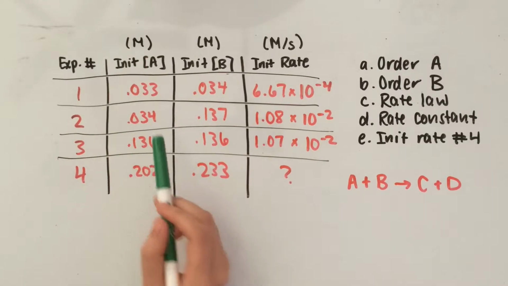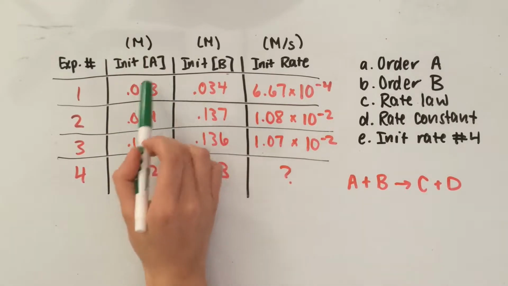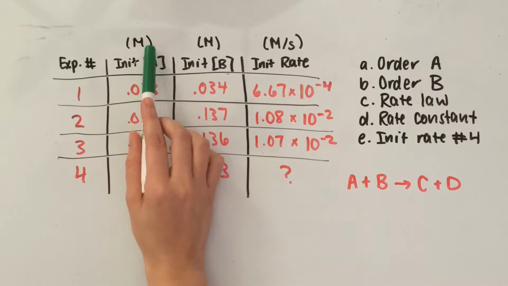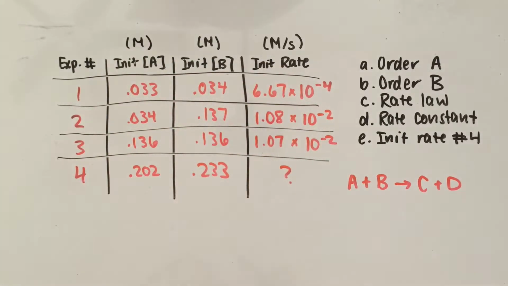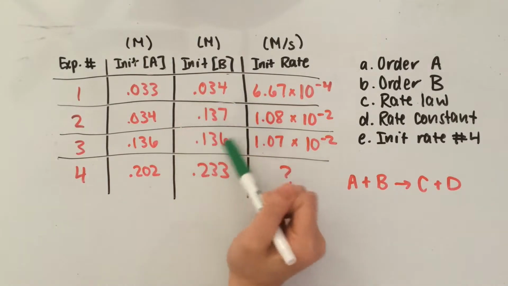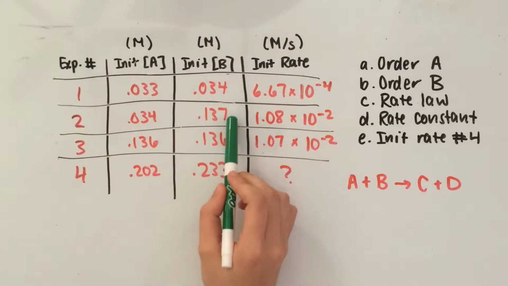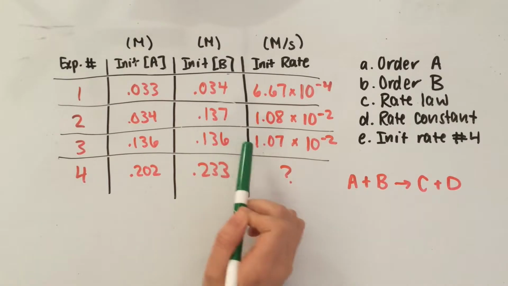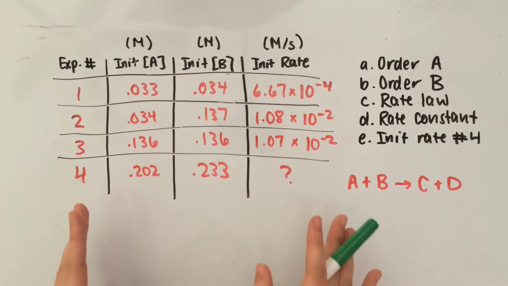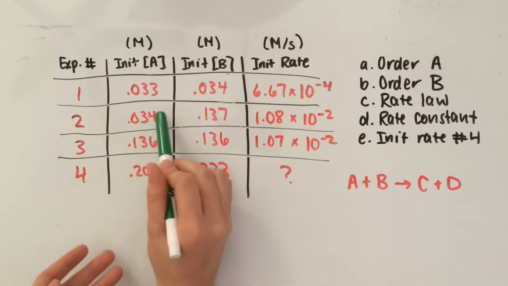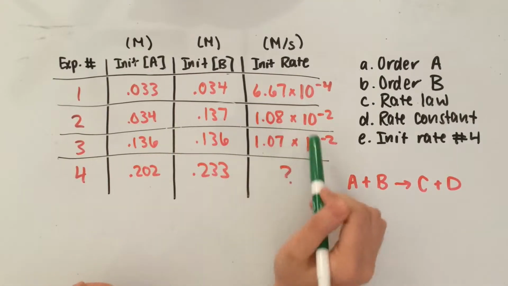Since I'm trying to find the order with respect to A, I'll have to find two experiments that have about the same concentration of B. So I'm looking at experiments 2 and 3 right now, because 0.137 and 0.136 are basically the same thing.